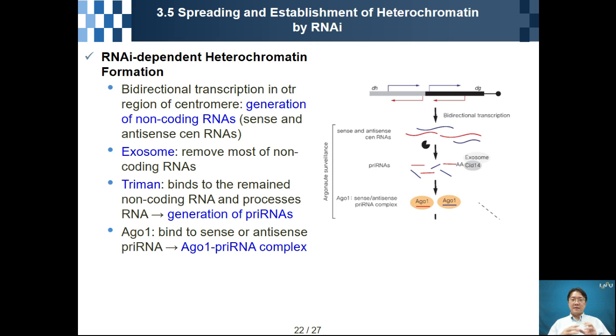It means that it can protect the remaining non-coding RNA, and after that it processes the RNA, so it will generate pre-siRNAs. After that, Ago1 protein binds to the sense or the antisense pre-siRNA. So this is what we call the Ago1-pre-siRNA complex.